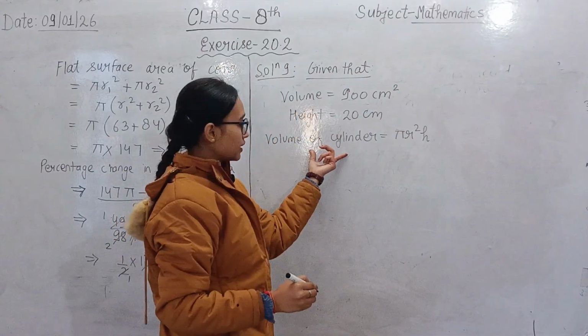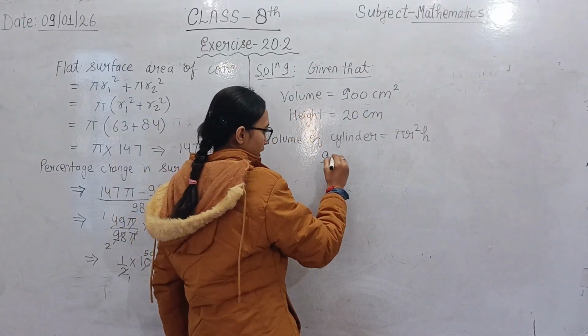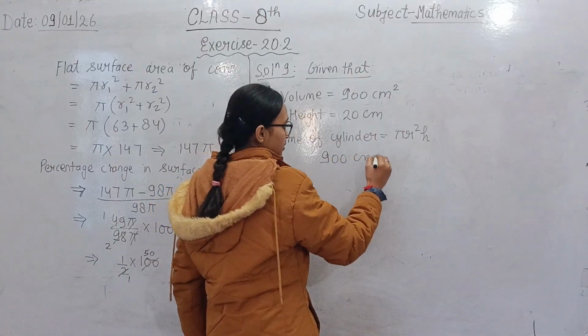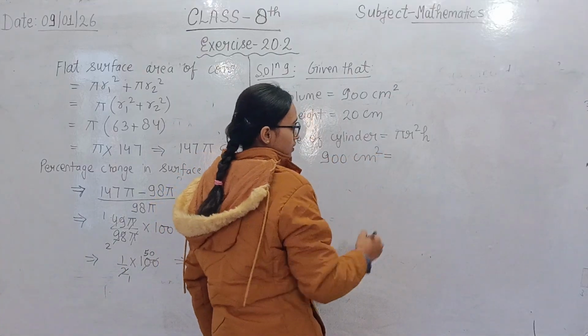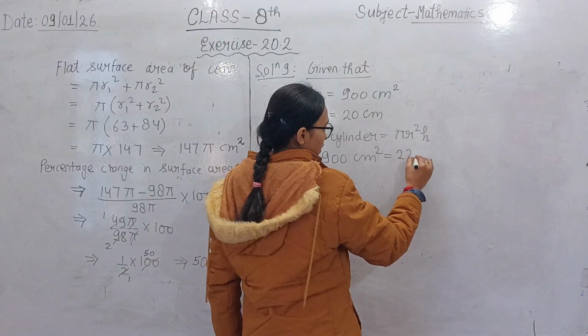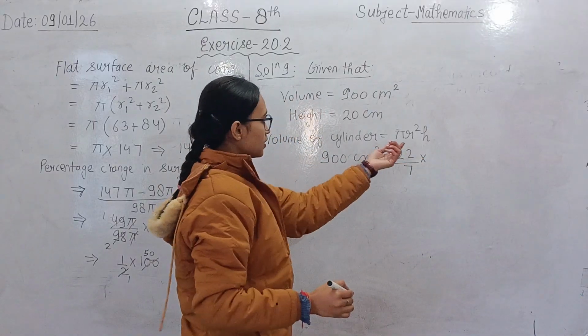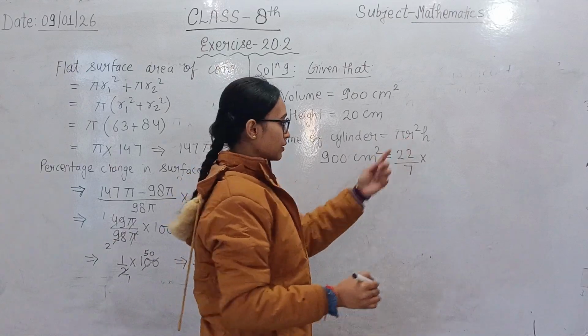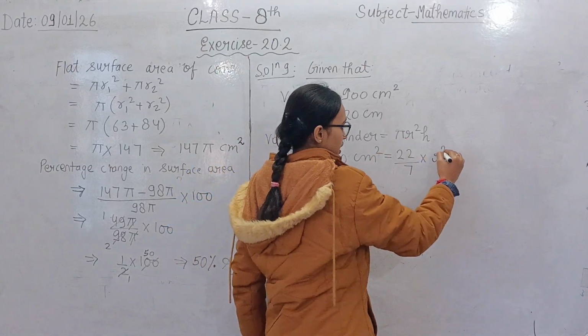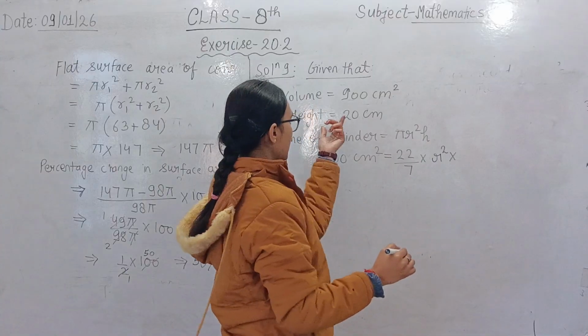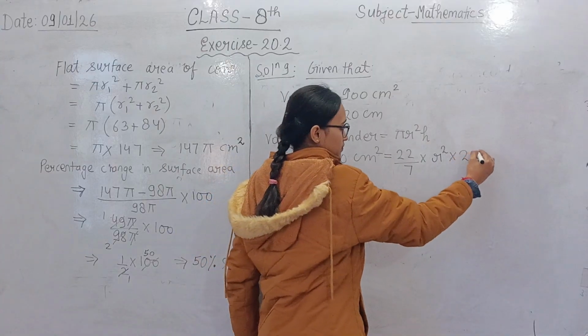Volume we are given 900, so here we will write 900 centimeters square. In the place of pi, we will write it as 22 upon 7. R we don't know, R we have to calculate, that is radius, R square multiplied by H means height, and height we are given as 20.